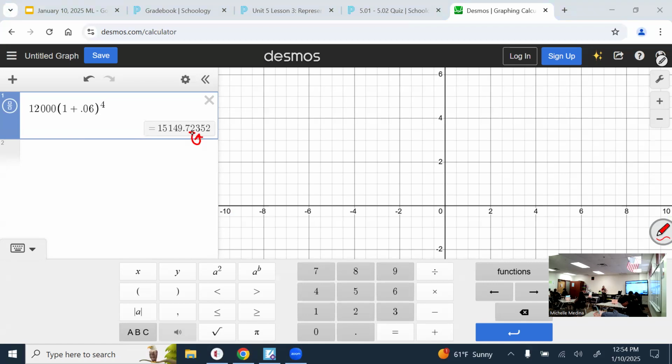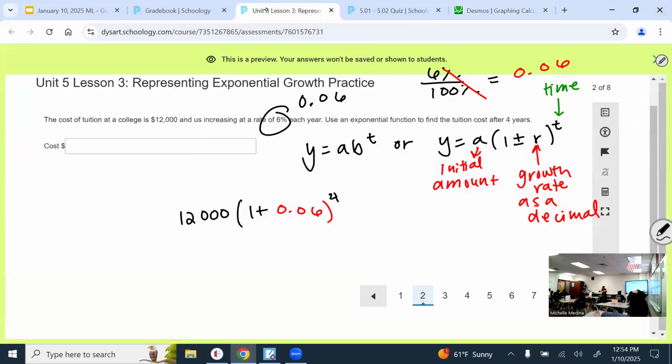I'd be surprised if you got the setup correct, since I didn't necessarily tell you. But since we're talking about money, you want to round to where it looks like money. So look to the right, if that's a 3, we keep where I underlined the same. And what you're going to type in is 15149.72.